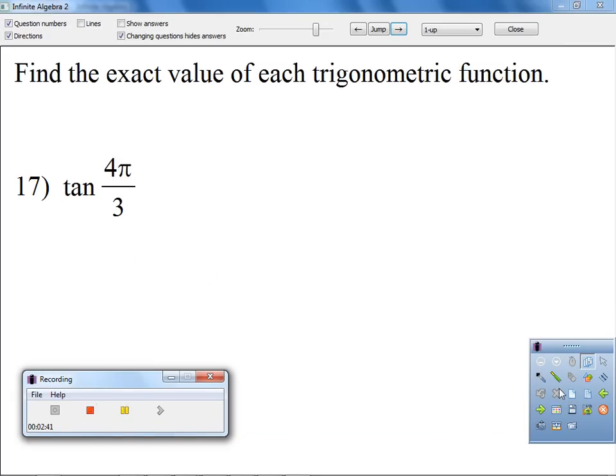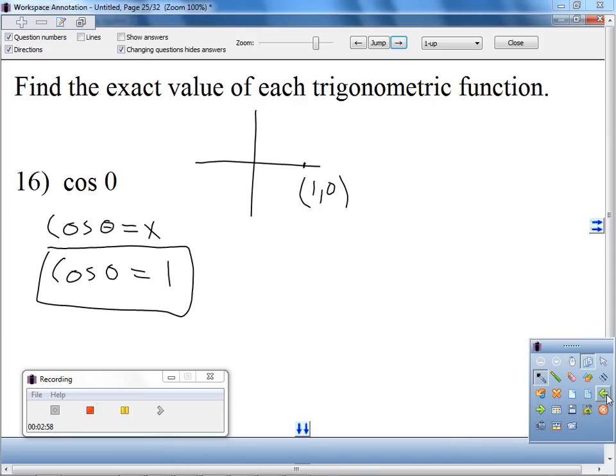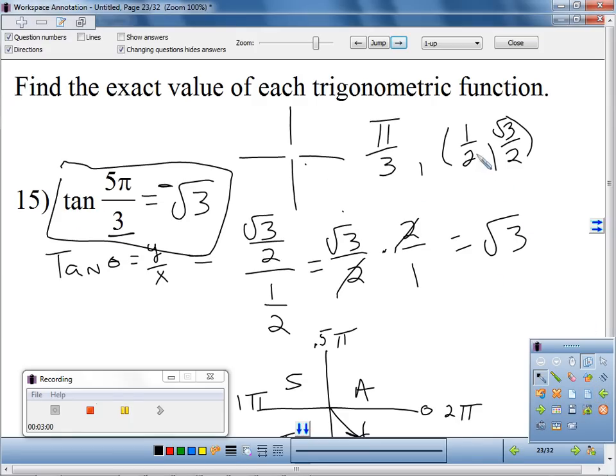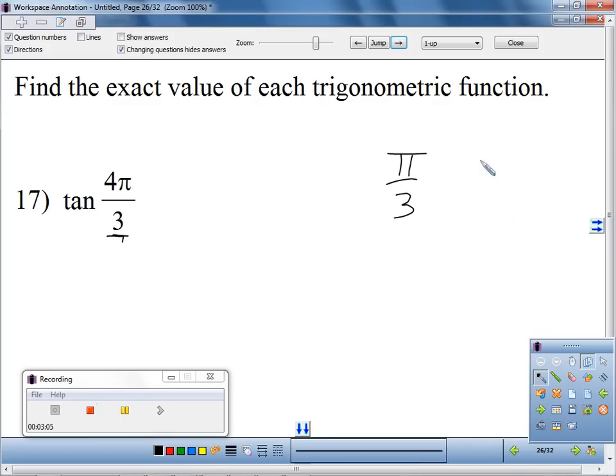Alright, here we have tangent of 4 pi over 3. Now again, what I would do is use some reference angles. I'm going to look and see what the x and the y are for pi over 3, which we did just a problem back, didn't we? 1/2 and the square root of 3 over 2 for our reference angle.